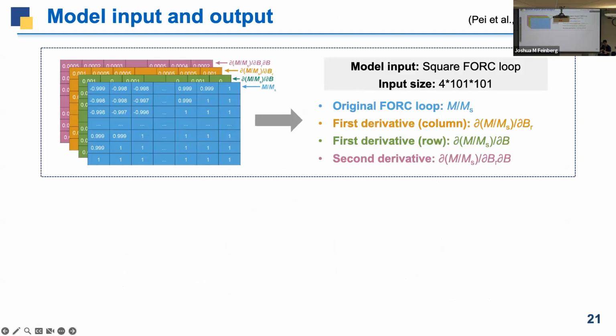Then let's look at the model input and output. First is the input. Because the FORC diagram is a second order derivative, we use the original magnetization, the first derivative, and also the second derivative as the input of our model.